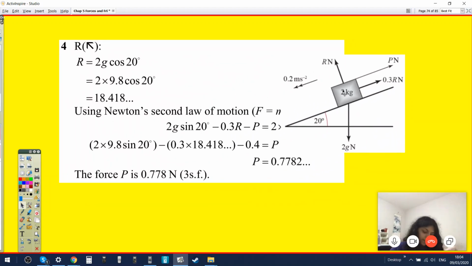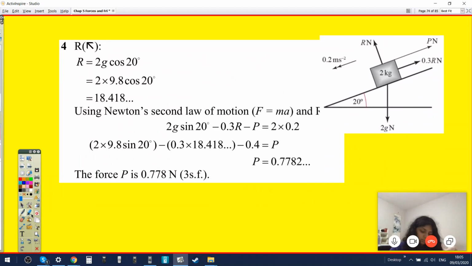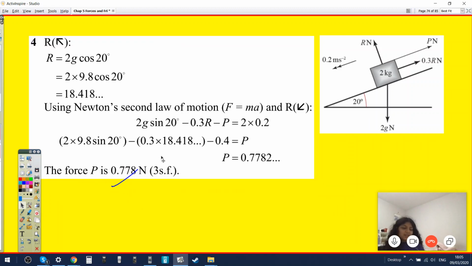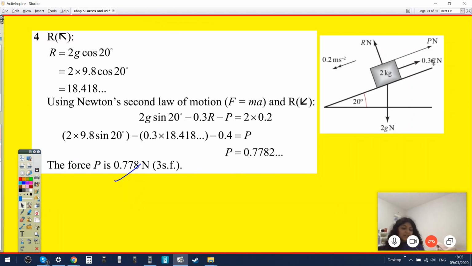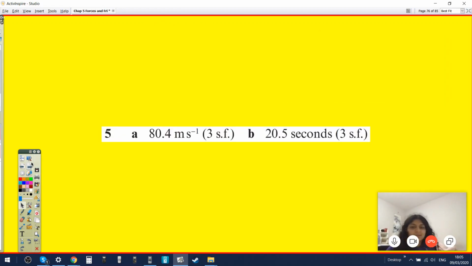I'm getting 0.77 now. Yep. Yes. Great. Any questions there? No, I just keep making mistakes in everything. So it's just getting the right way. Yeah, it really is.